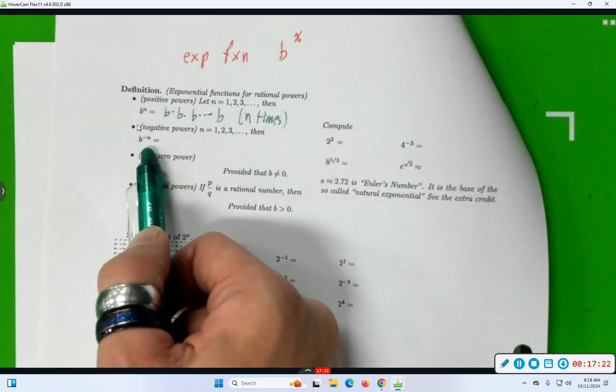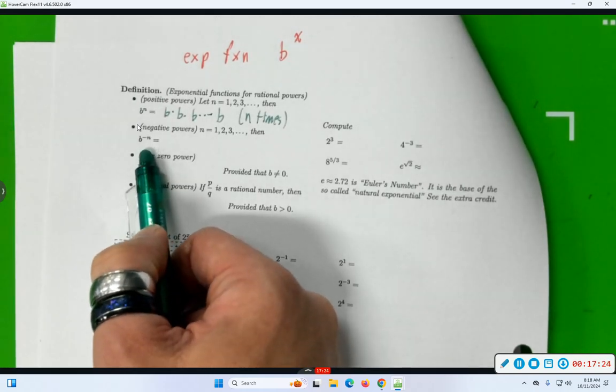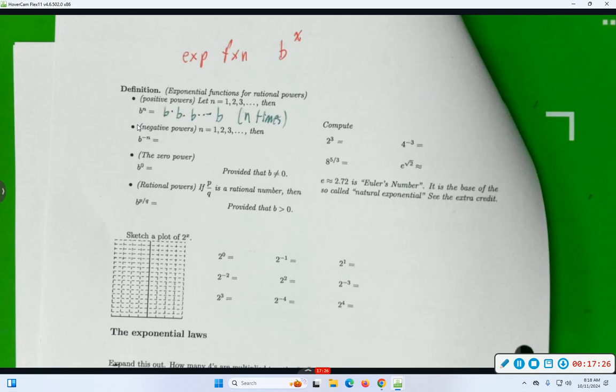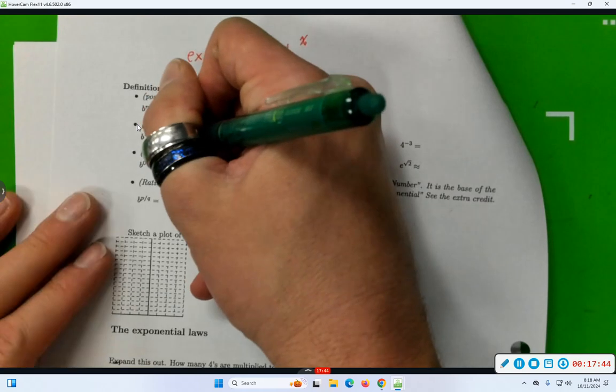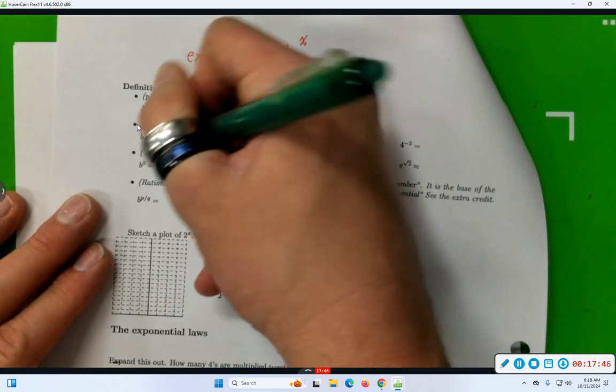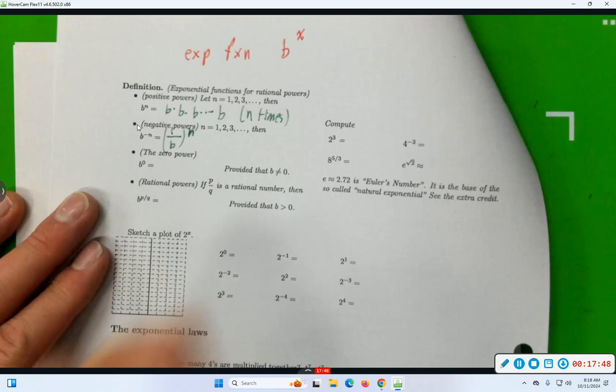You can raise something to a negative power. In fact, we probably should have on the previous page. Let's think about what that should mean. When you raise something to a power, you multiply it by itself that many times. Raising something to a negative power should be like the opposite of that. So what's the opposite of multiplying a number by itself a bunch of times? B to the negative n is the same as dividing by b that many times. So you can write that down as 1 over b to the n.